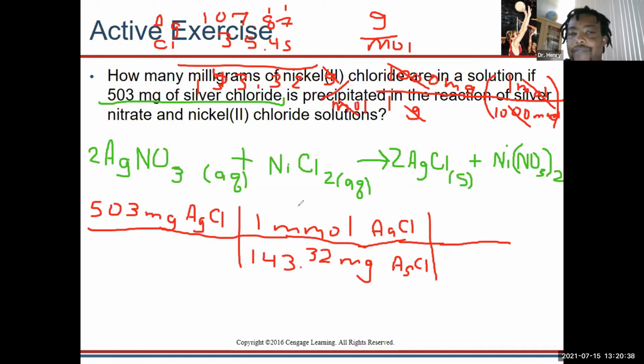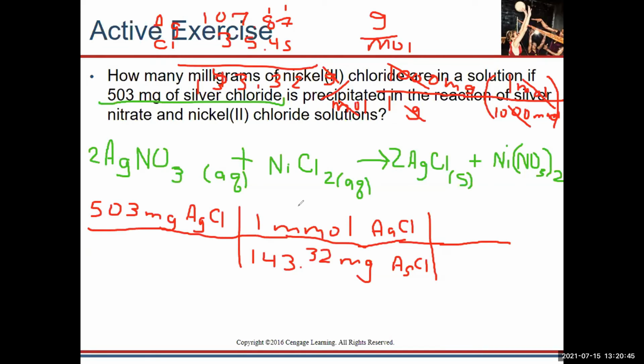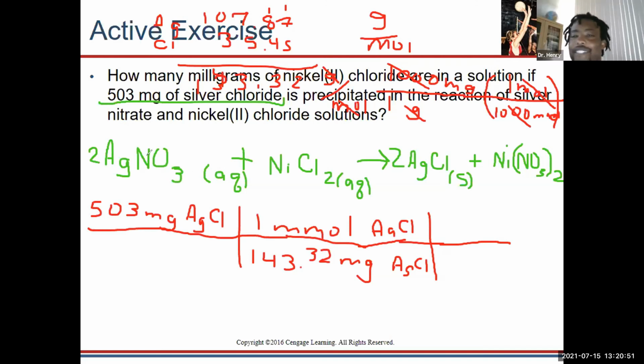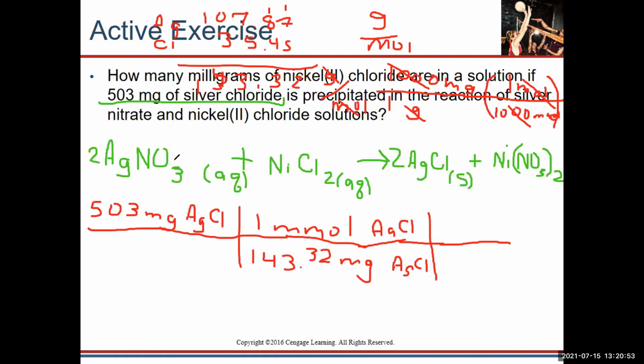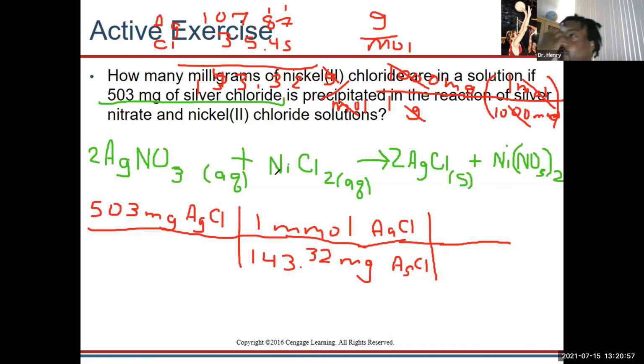Are you there? Anyone? I should say not moles, millimoles of nickel 2 chloride. Mole of AgCl in the bottom. Why do I have this chemical equation? What is the purpose of it? Yeah, we want millimoles of nickel 2 chloride.